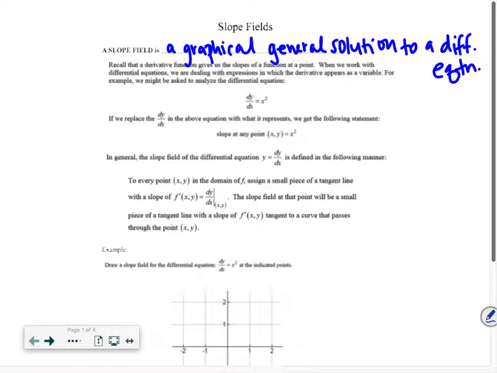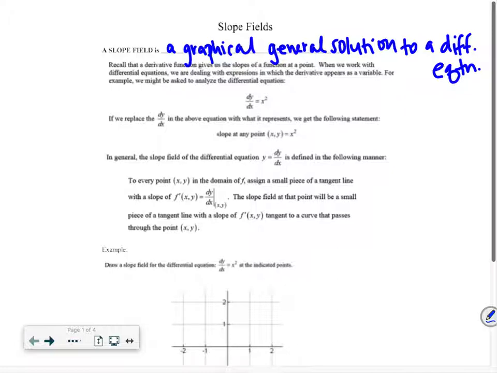Now, when I talk about a differential equation, I know that we haven't officially talked about it in this class. But if you have the derivative, getting back to the original function would be solving a differential equation. We have all those plus c's, right? So our slope field is giving us an idea of what is happening for any curve with whatever plus c is going to be.